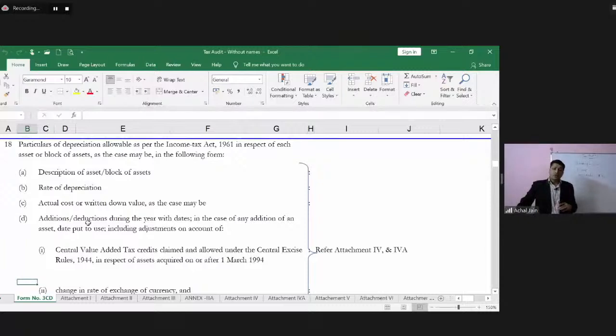Instead, it's all about categorization of those assets within that block into those assets which are purchased for more than 180 days, means if we compare it from the reporting date, and which are purchased for less than 180 days when it is compared to the reporting date.